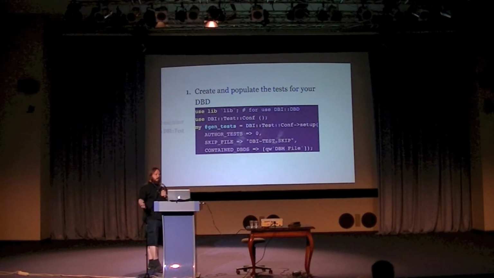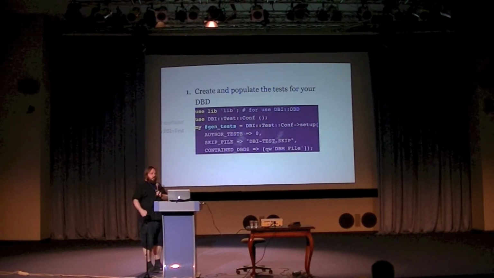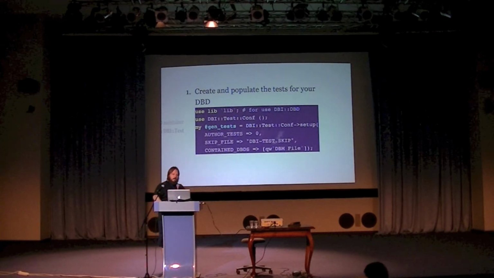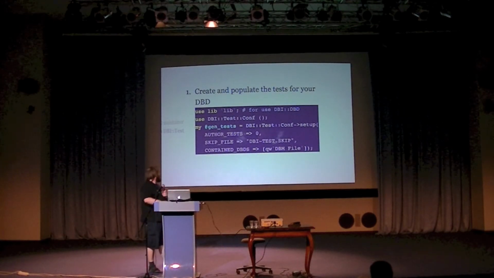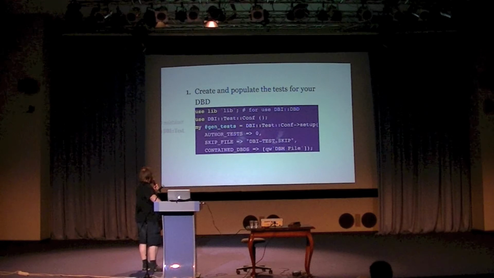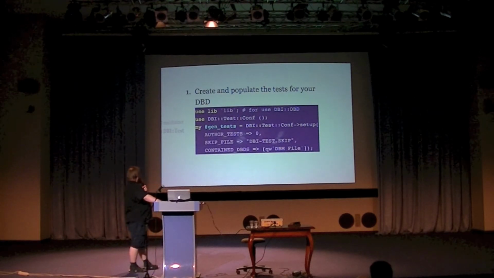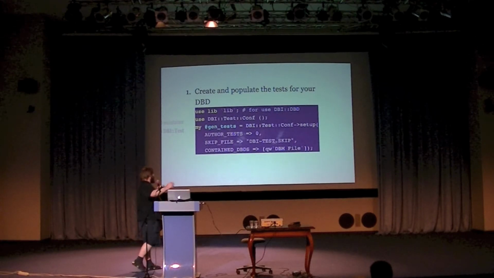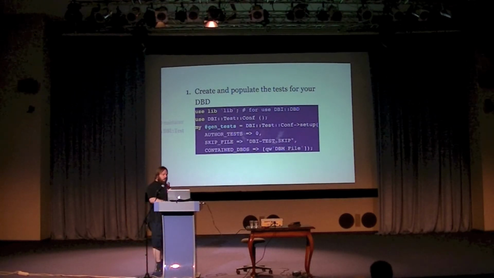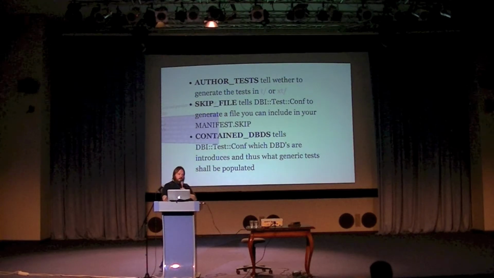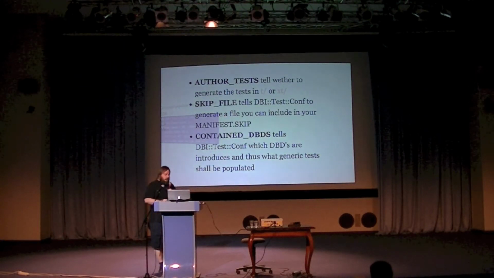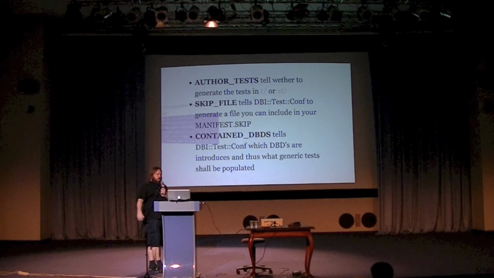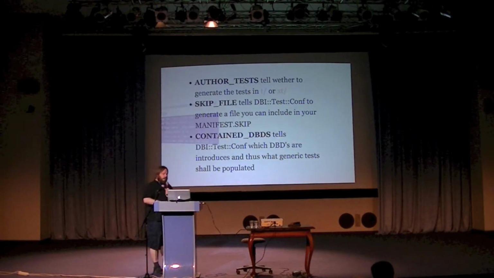First, you need to tell your Makefile.PL or Build.PL that you want to use DBI::Test. You do it by using DBI::Test::Conf in your Makefile.PL, calling setup, and giving some options. In our case, we are setting that we don't want auto tests, we remove them altogether.